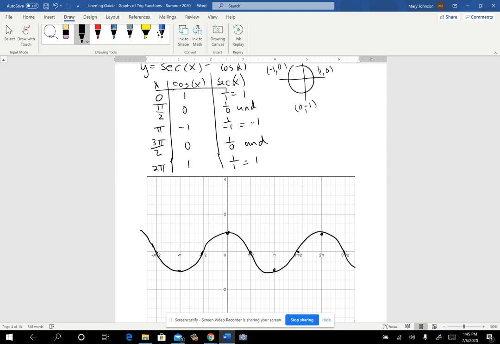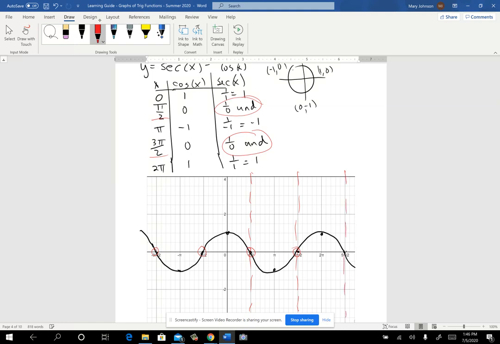All right, then once you do cosine, you come back, and I think what works good is to look at these undefined places and see what the location was for those. Notice it's related to where the graph of cosine crosses the x-axis. That's when you do the reciprocal, that's going to give you a value that's undefined.